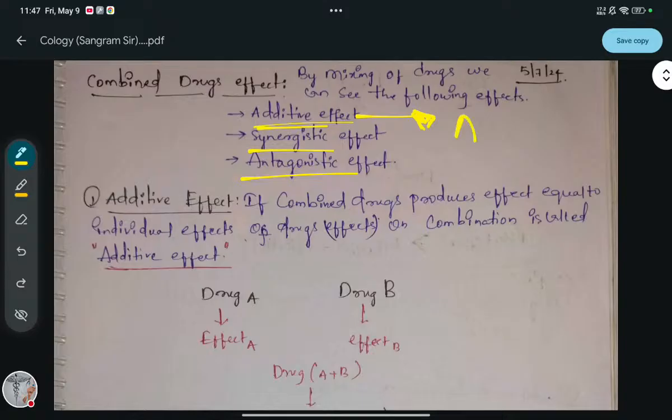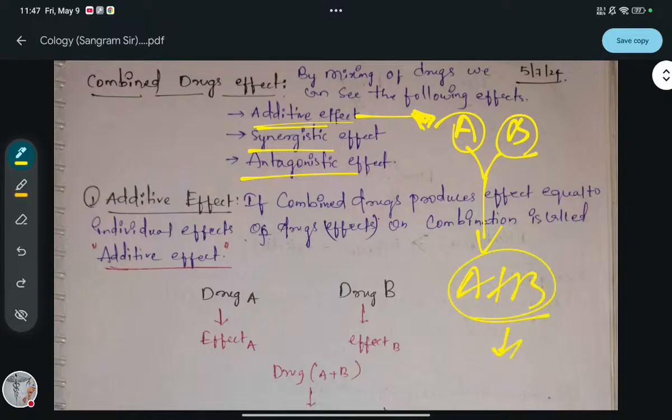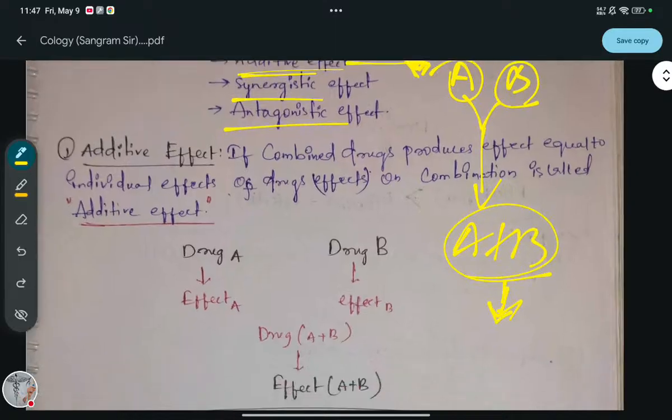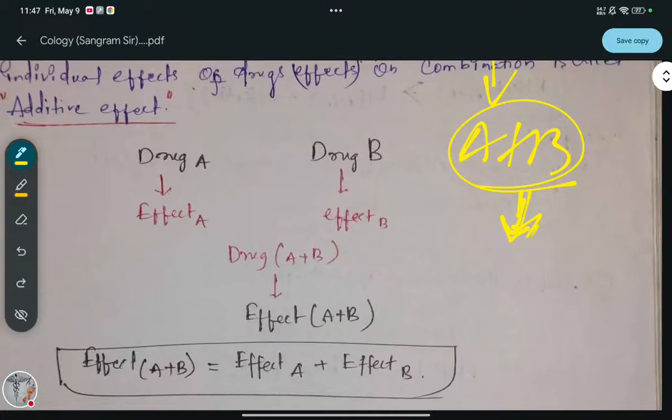If drug A has its individual effect, and drug B has its individual effect, then after we combine both the drugs, they will still show their similar effect, and the strength of the effect will be as usual, as the earlier individual effect.